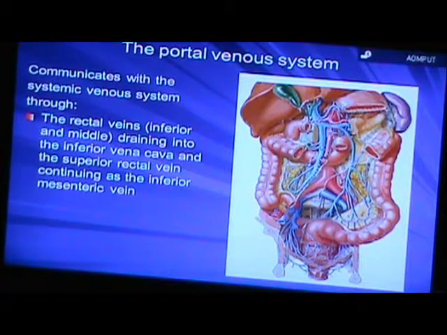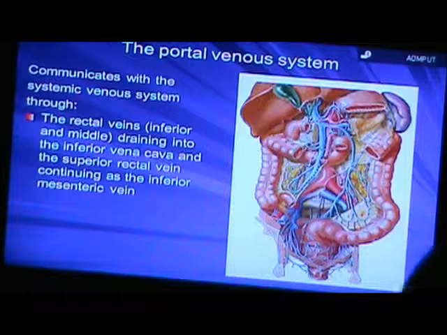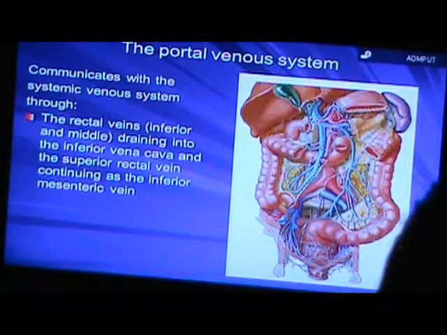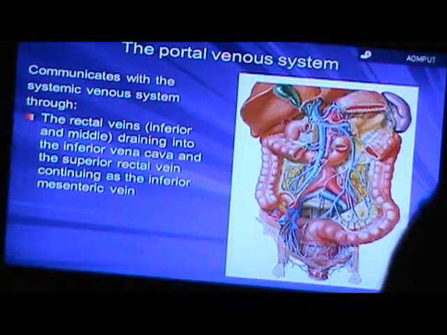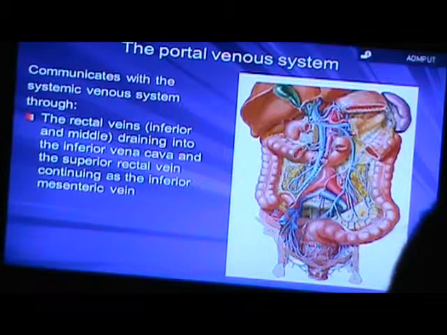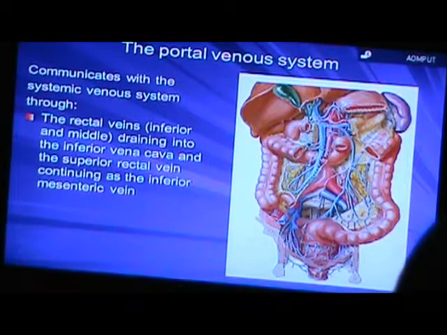The portal venous system also communicates with the systemic venous system through the rectal veins, inferior and middle. Such inferior and middle rectal veins, let's say in general, because the inferior will be from the internal pudendal, yes, and the middle could be a branch from the vesical, but generally the blood passes to the internal iliac vein.